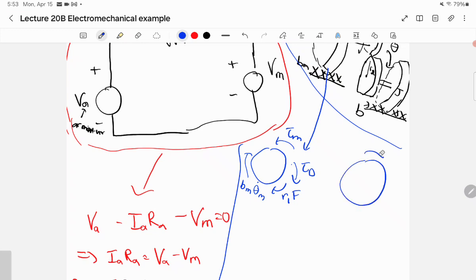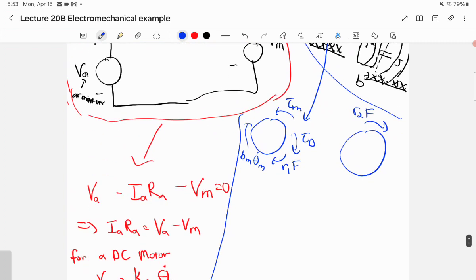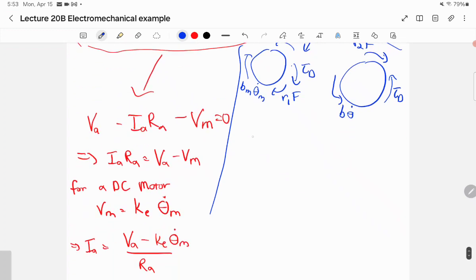For the other one, so this is R1F and R2F are related to the gearbox, of course. And that's how we get our D'Alembert torque. And let's do this for the gearbox.